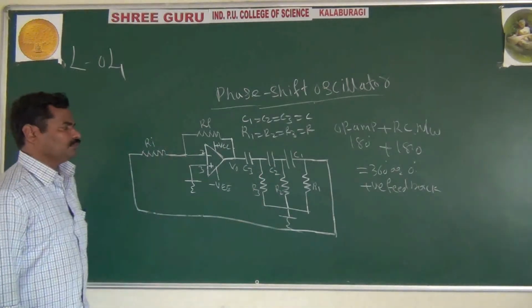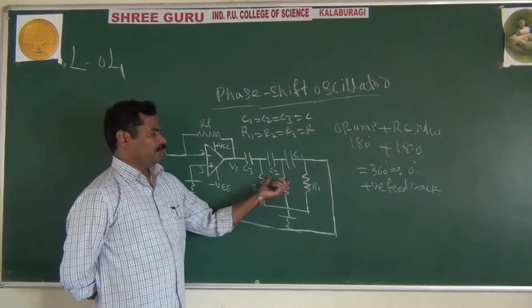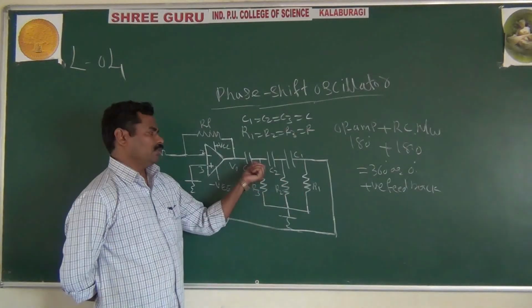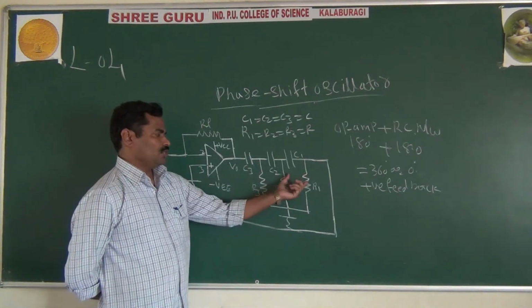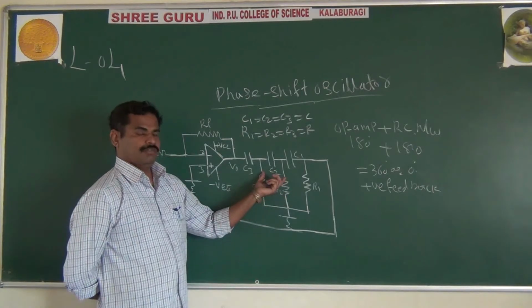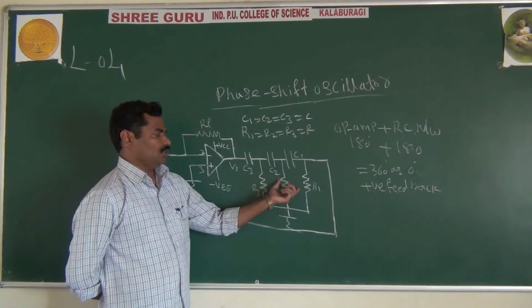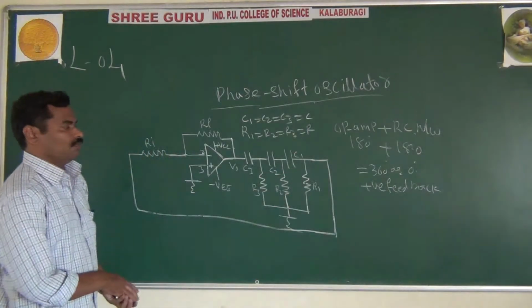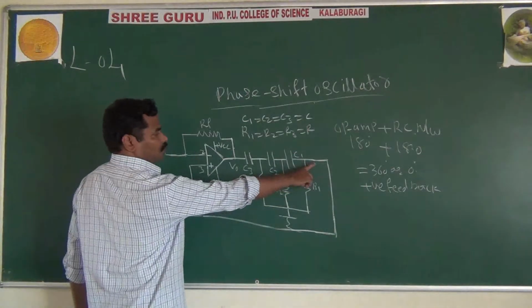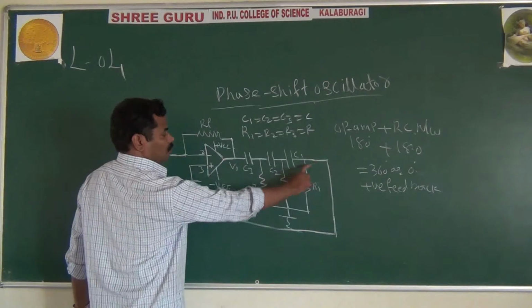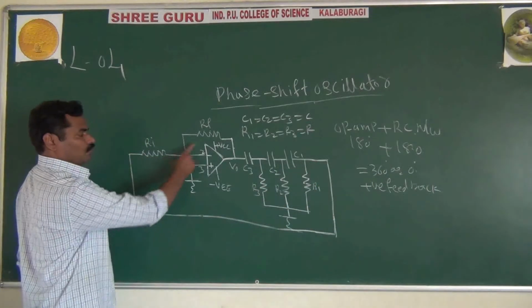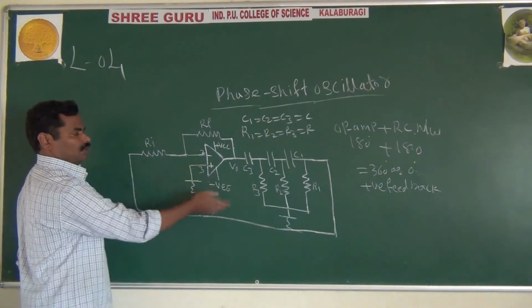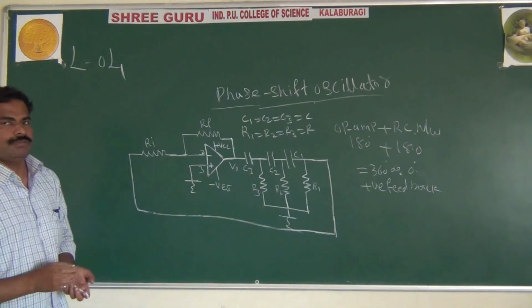And as usual, at a particular frequency, at a particular value of R and C, the RC network will give the 180 degree phase shift. Also, as I said, the output of this RC network is given back as an input for your operational amplifier. That is what you use in positive feedback.